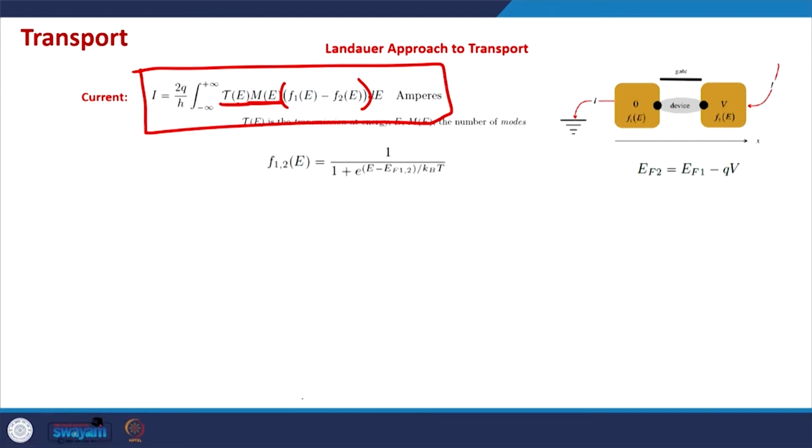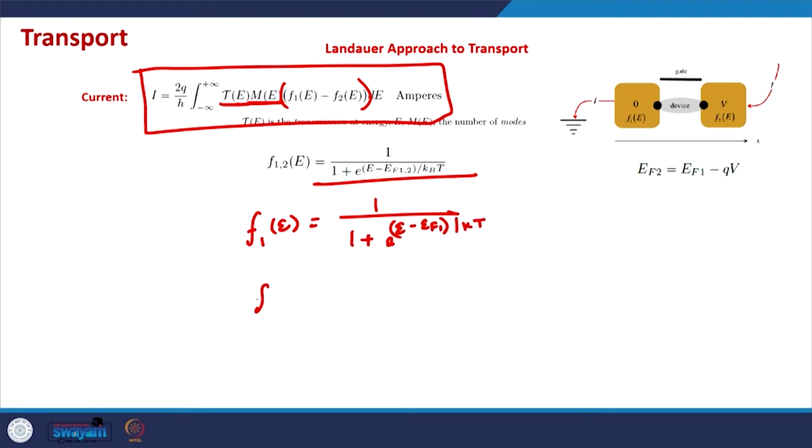So the Fermi functions are defined as follows. For the left contact, this is the basic definition of the Fermi function, 1 plus exponential E minus EF1 by kT. And similarly, the F2 Fermi function is defined as 1 divided by 1 plus exponential E minus EF2 by kT.